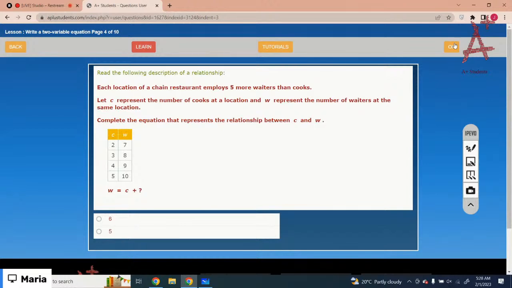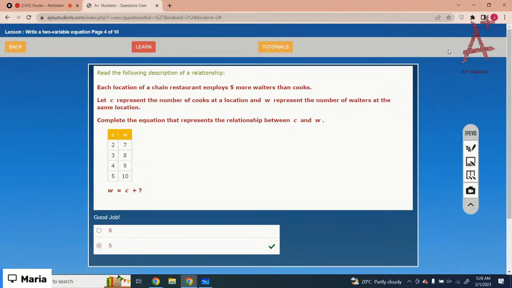So the correct option is, yes, W equals C plus 5. Got it? Just select the correct option, then click on the OK button.